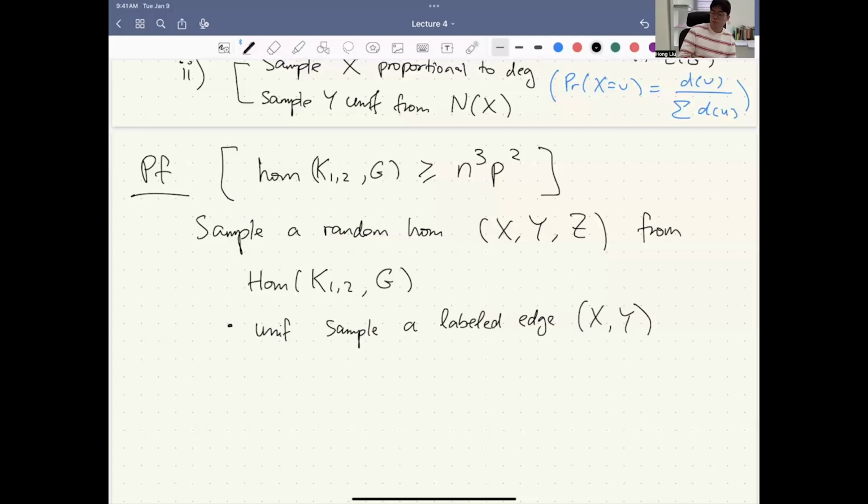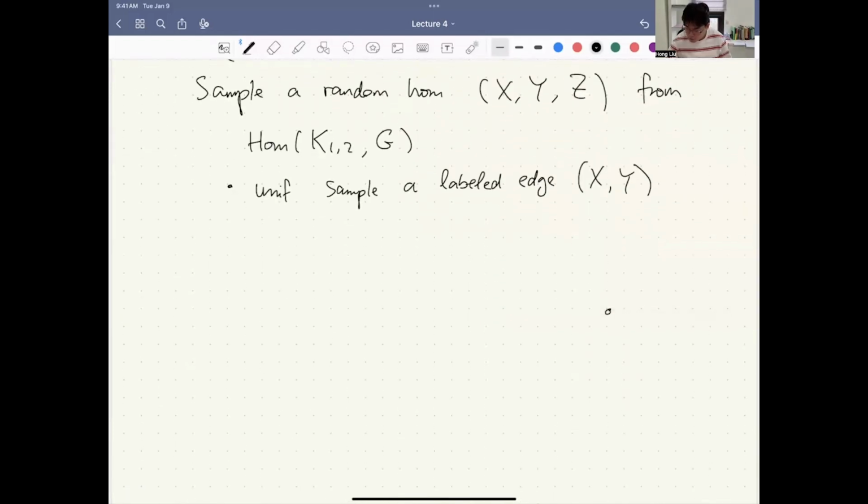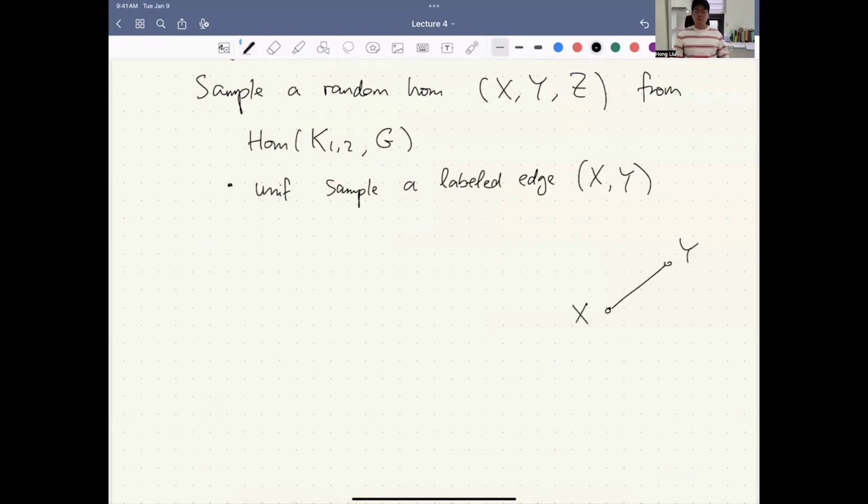Uniformly random, sample a labeled edge xy. After you sample that, let's draw a picture. Now we're going to choose a uniform random neighbor of x as z.